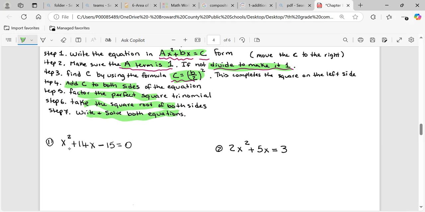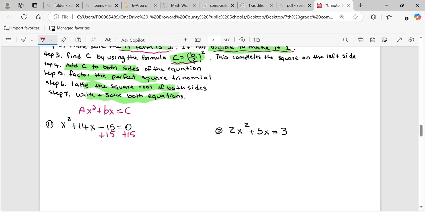Step 1. Does this look like ax squared plus bx equals c? No, it is still in the original standard form. So if I'm going to solve by completing the square, I'm going to have to move the 15 to both sides first. So I add 15 on both sides.